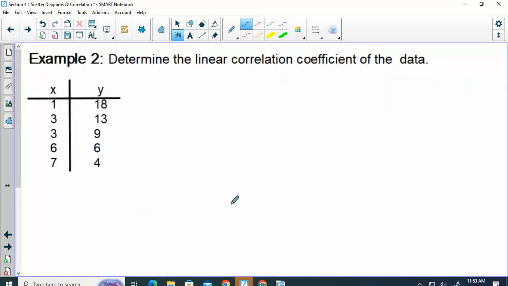All right. So let's do one by hand. We are going to go ahead and enter this in our calculator just so it can calculate the mean and standard deviation for us, so we don't have to do all of that by hand.